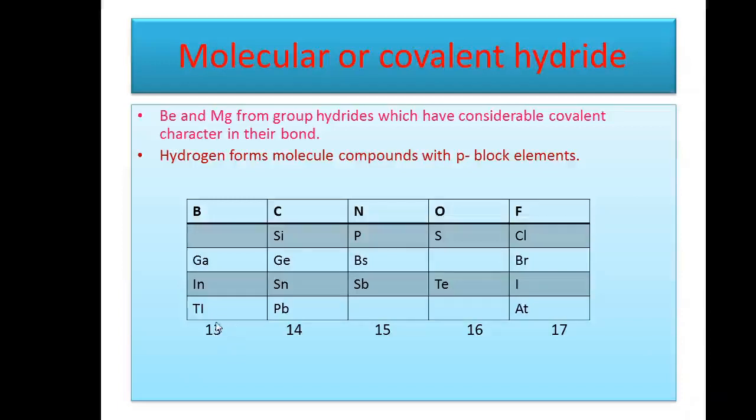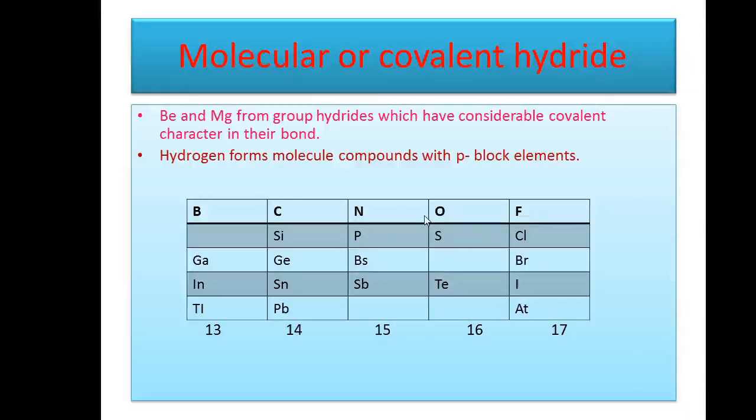This is group 13. In the carbon family, group 14, carbon, silicon, germanium, tin, lead form molecular or covalent hydrides. In the nitrogen family, group 15, nitrogen, phosphorus, arsenic, antimony form molecular or covalent hydrides.